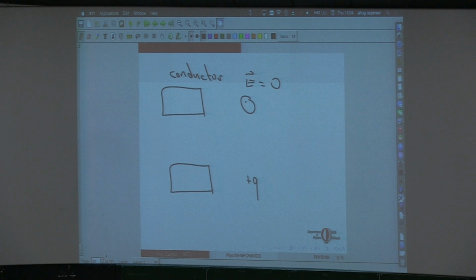In which direction? Or let's do two examples: a positive charge and a negative charge. Will it feel any force? Before we said that at this point the electric field is zero, and at the same point we are putting a positive charge and a negative charge. Will it feel force or not?